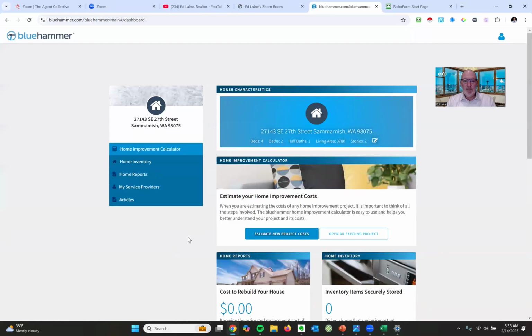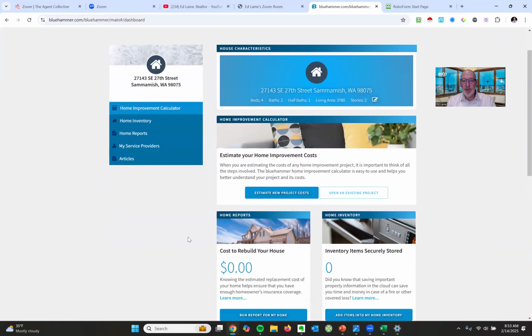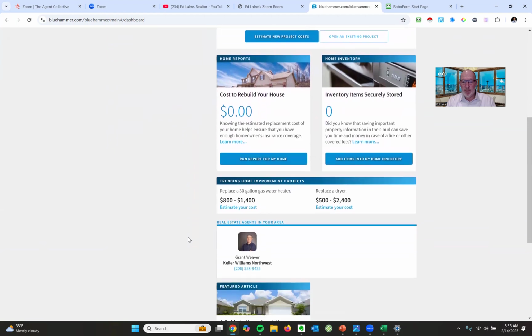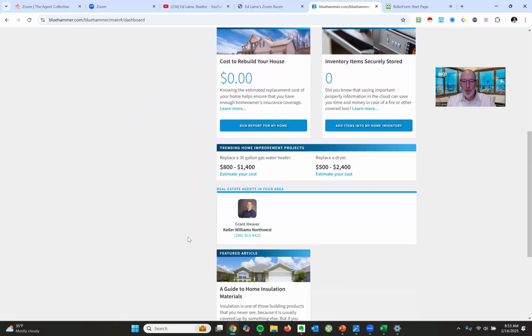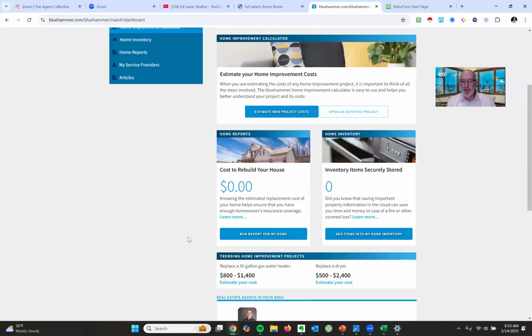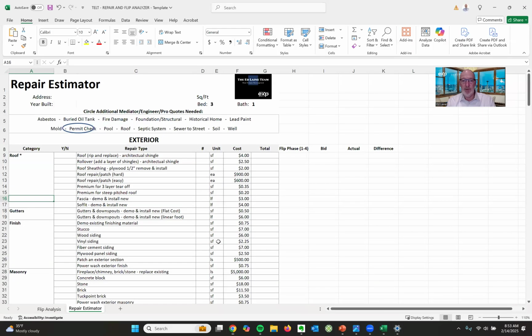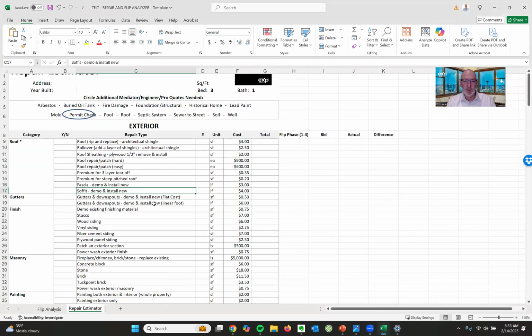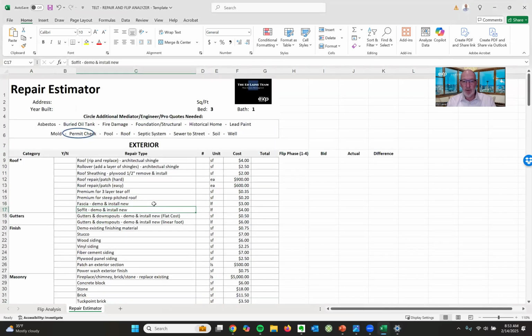The beauty is it'll do it by zip code. So you could put your scope of work into this, and it'll tell you what they cost in your zip code. If you don't have a contractor that's a friend of yours to do this for you, you can use Blue Hammer to do that. But that's how this works.